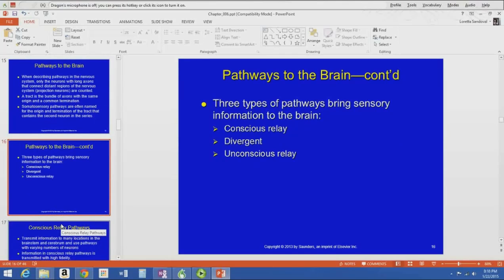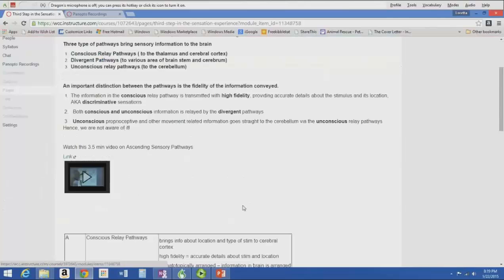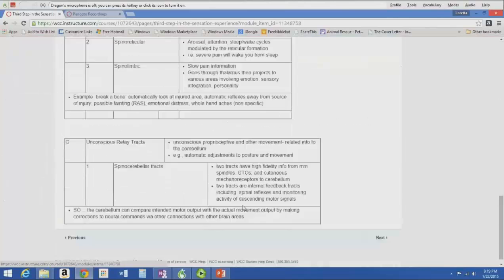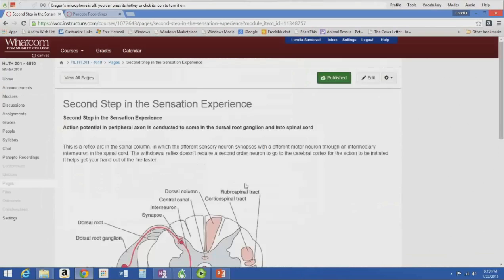So we will talk about different sensory pathways in a minute, but first we're going to review the second step in the sensation experience. So the first step, I'm going to go back one page here. The first step that we talked about in the first section was the sensory neurons, the receptors that are getting information from the periphery.